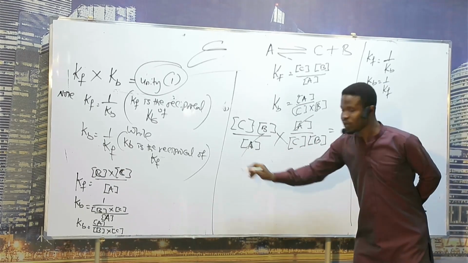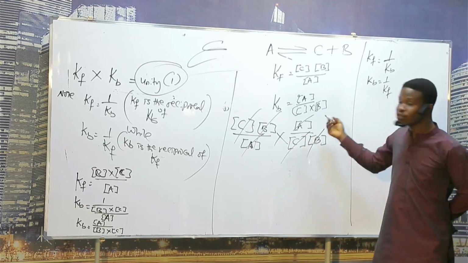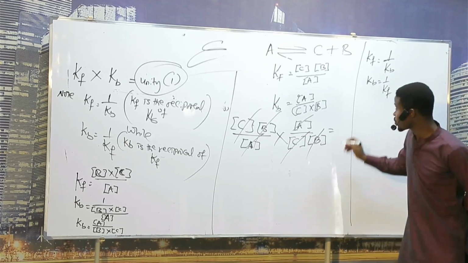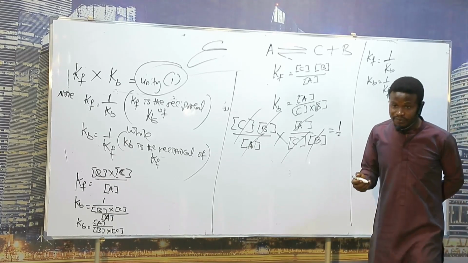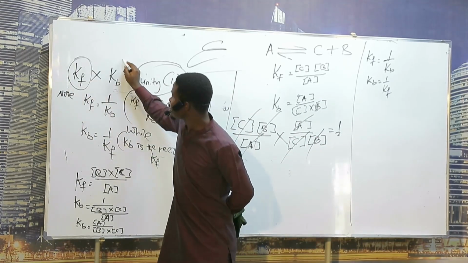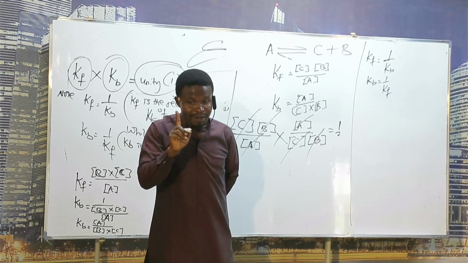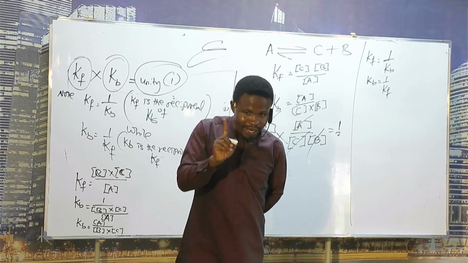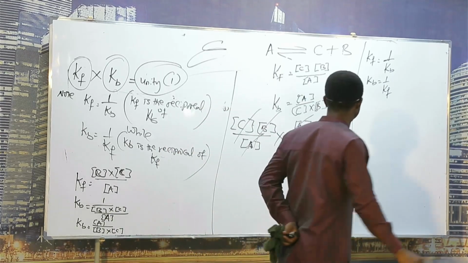This cancels this one, this cancels this one, this cancels this one. What do you have? 1 over 1, which is 1. So at any point, KF times KB must be equal to 1. Okay, I write it.